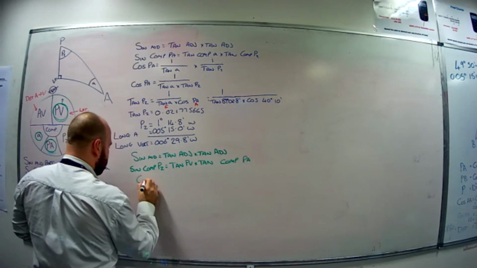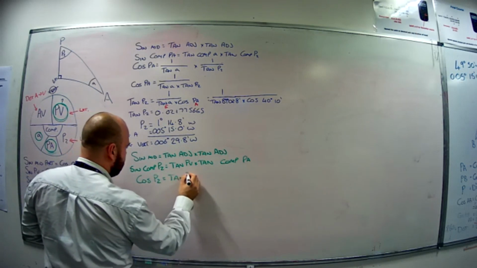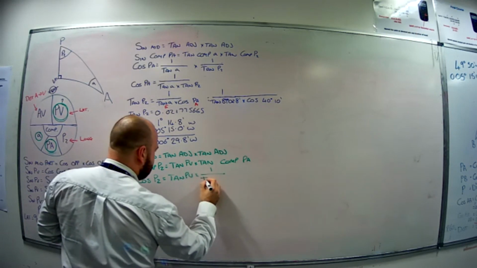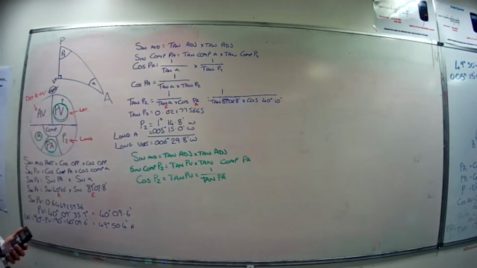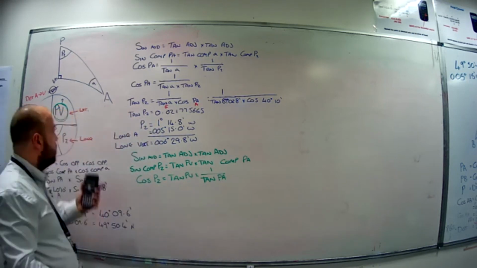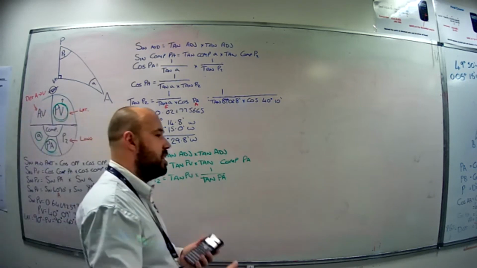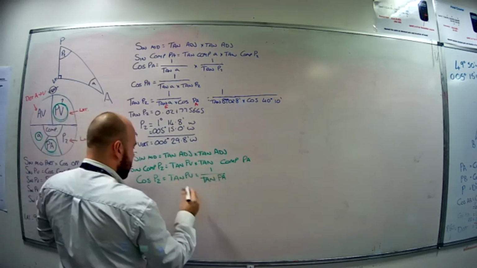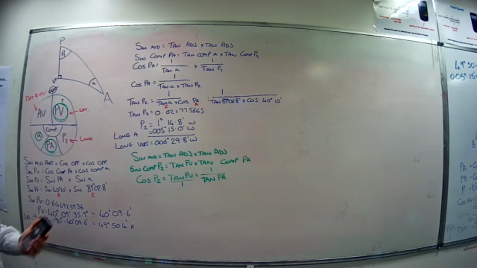So that becomes cos P2 equals tan PV times 1 divided by tan PA. Tan PV is itself, it's not a complement. The number 2 is itself as well, if we use that as an example. If we want to cross multiply these fractions, anything that is itself is divisible by 1.